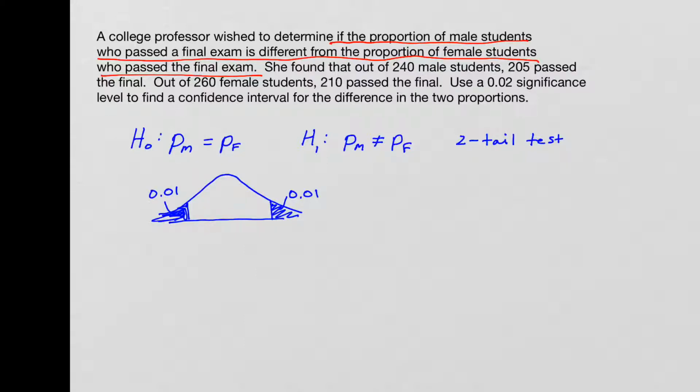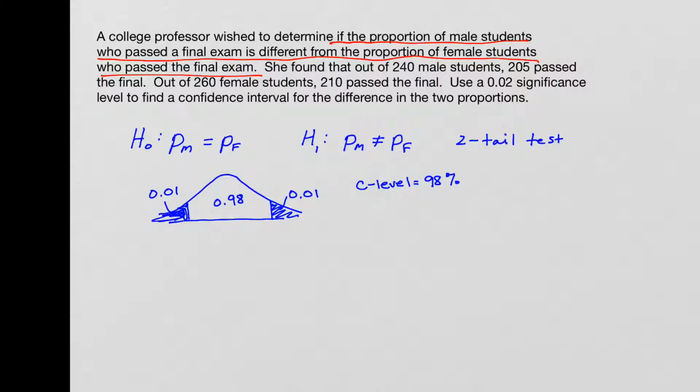So altogether it makes 0.02. And what that tells me is that the area in the middle for this problem is 0.98. So I've got a confidence level of 98% or 0.98, whichever one you want to use.